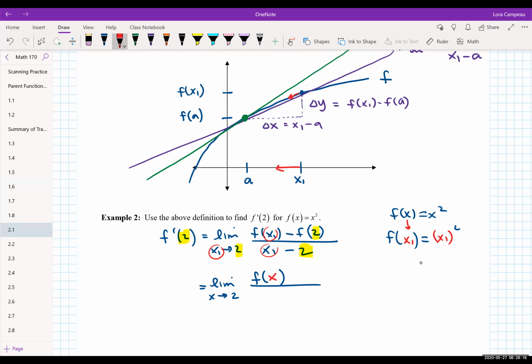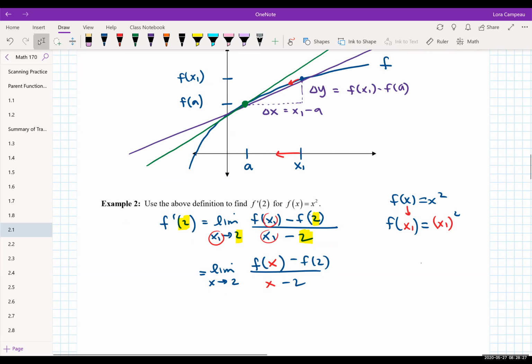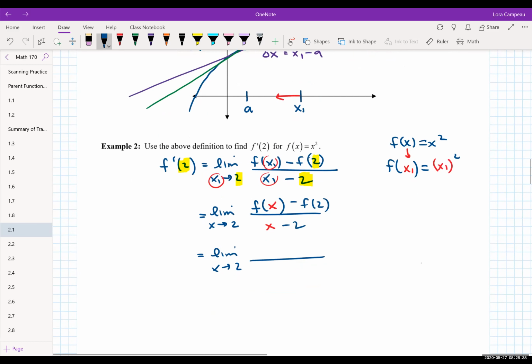So we have f of x minus f of 2 all over x minus 2. And then this is what is kind of helping us with the notation. It helps us to see what to plug into our expression, our argument for the limit.